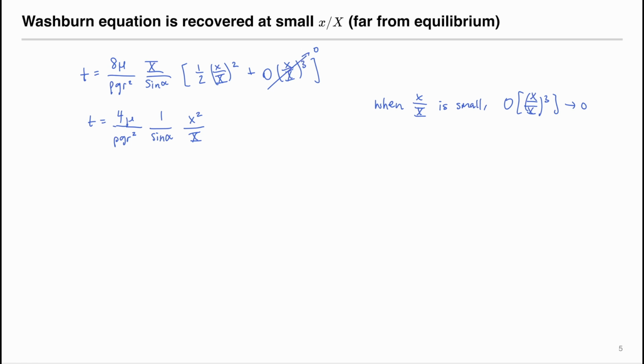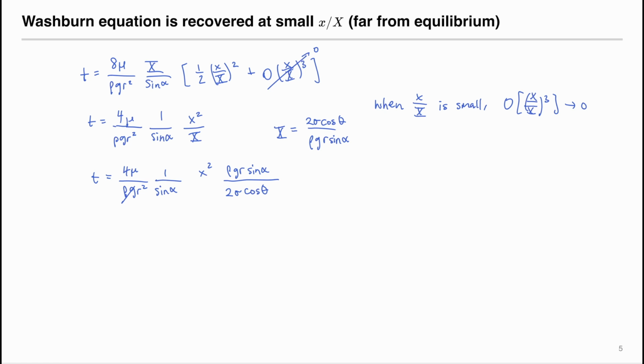Note that big X is the equilibrium wicking distance that we have seen earlier. So we can plug this in, have 4 mu rho g r squared sine alpha x squared divided by, so everything is inverted, so 2 sigma cosine theta rho g r.